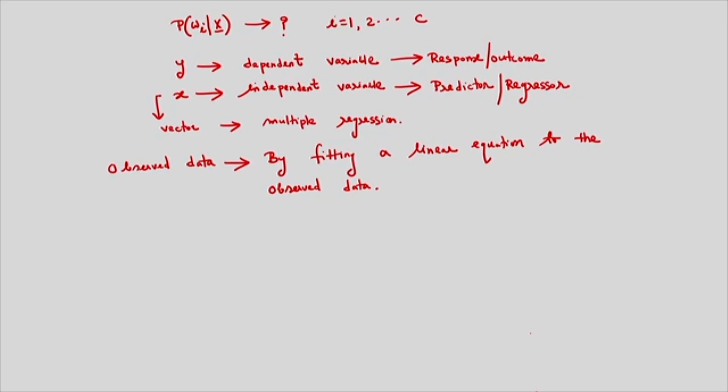If I consider only one independent variable, then it is a case of simple linear regression. But if I consider two or more independent variables, then it is called multiple linear regression. So we have to find the statistical relationship between the dependent variable and the independent variables. Now let us consider the simple case, simple regression.